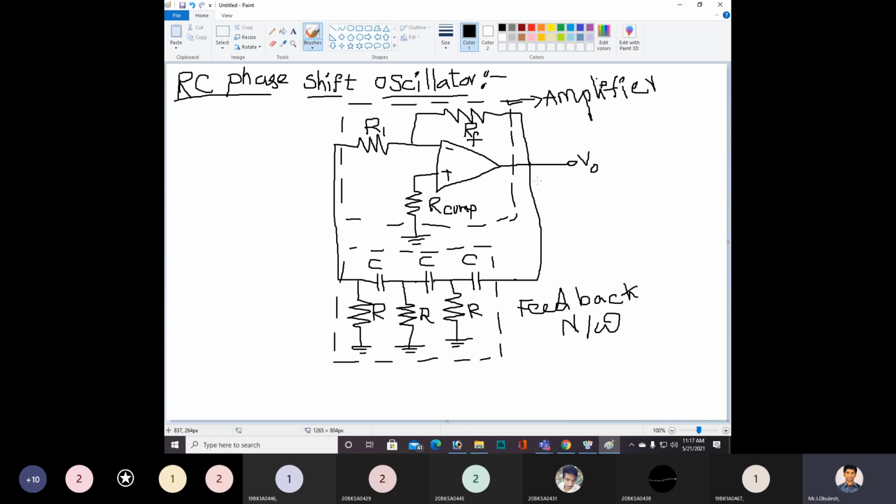The feedback circuit provides feedback voltage from the output back to the input of the amplifier.